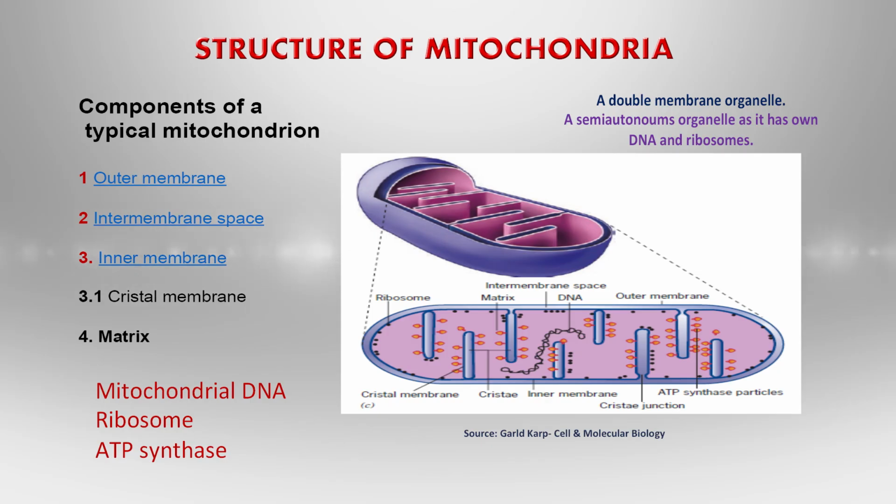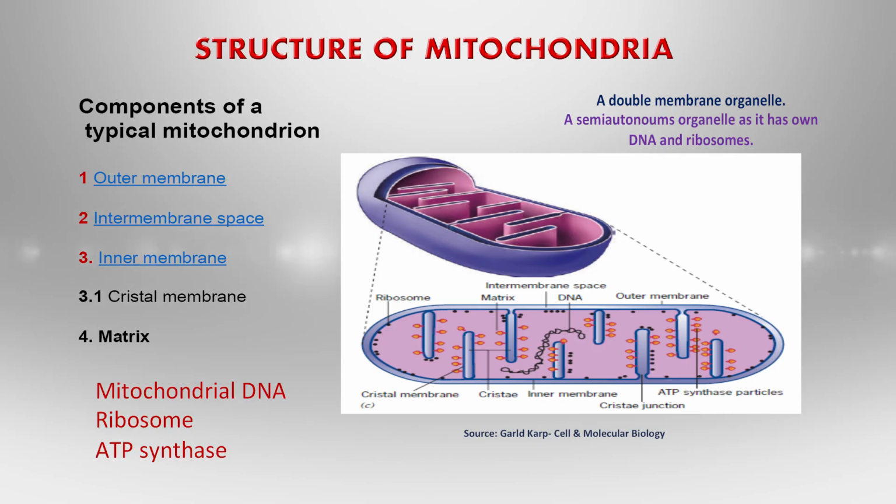Inside the inner membrane there is a matrix rich in proteins and enzymes, and there is a small DNA present in the mitochondria and some amount of ribosomes. The ribosomes are of the 70S type, similar to the prokaryotic organism.